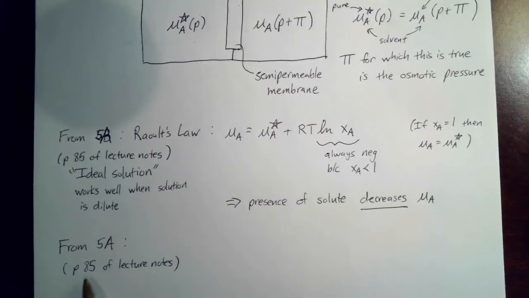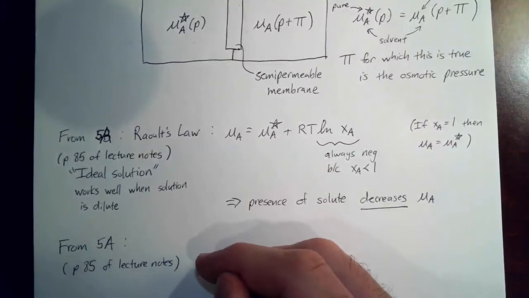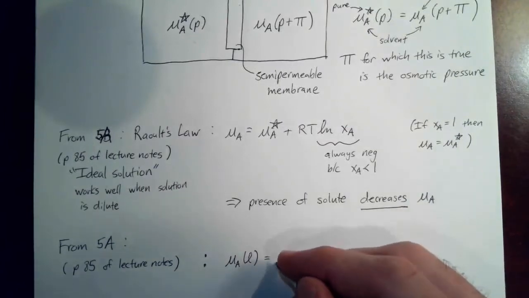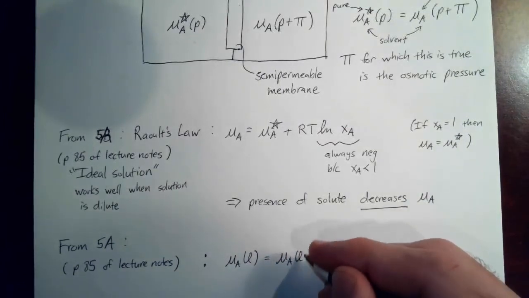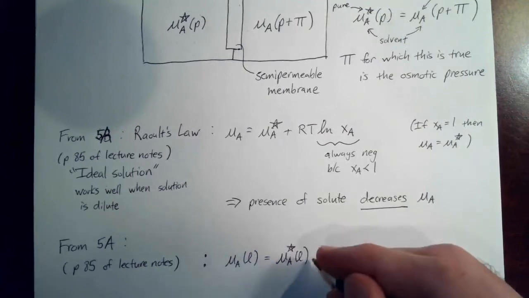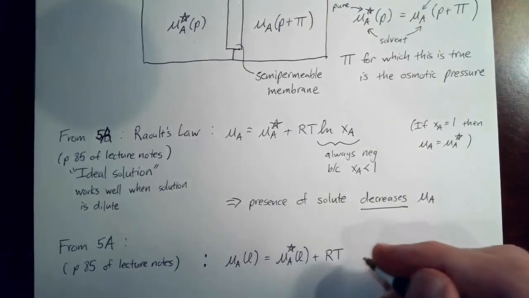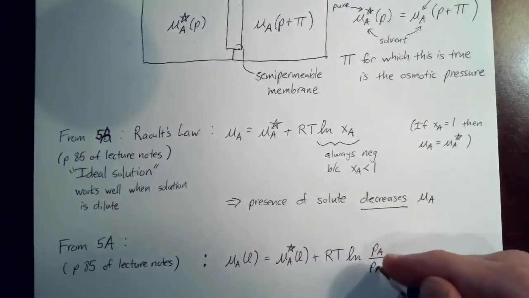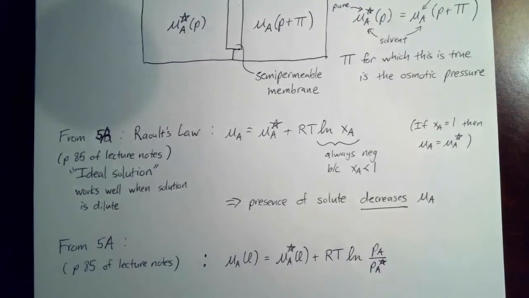Also from 5a, also from page 85, we developed a formula that tells us how the chemical potential varies as the pressure varies. That formula gives us the chemical potential of the solvent, assuming a liquid solvent, is equal to the chemical potential of the solvent in its pure form plus RT ln PA over PA star.